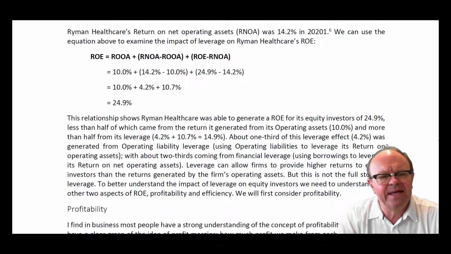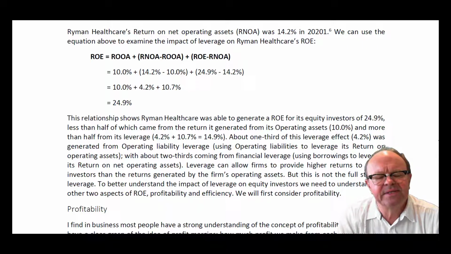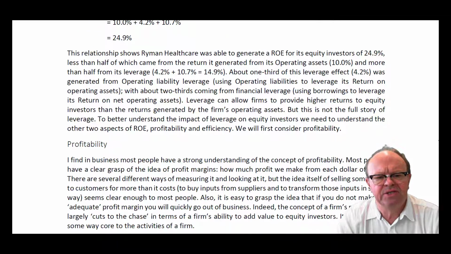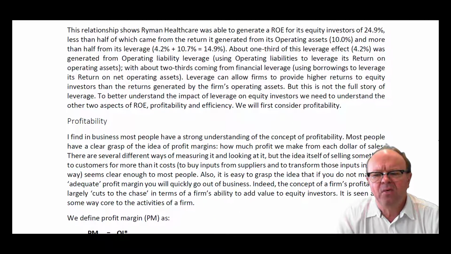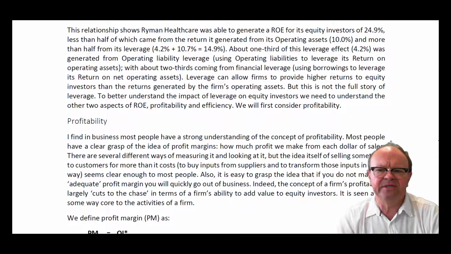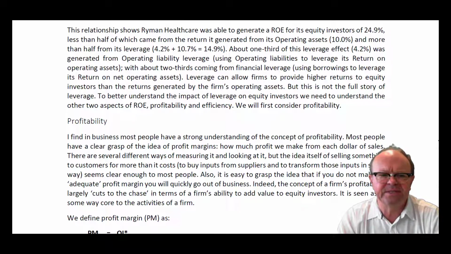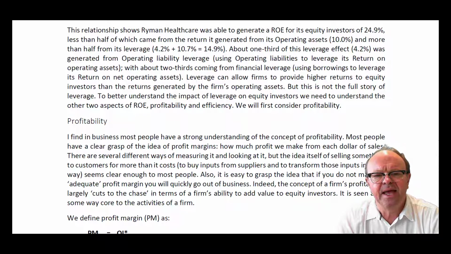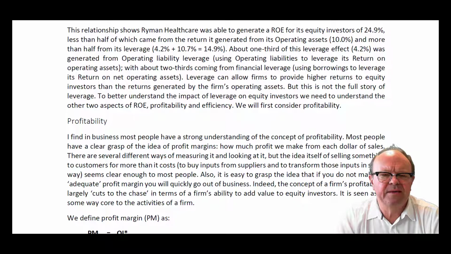And working that through, you can see that equals 10.0% plus 4.2% plus 10.7%, which equals 24.9%. This relationship shows Ryman Healthcare was able to generate a return on equity for its equity investors of 24.9%, less than half of which came from the return it generated from its operating assets, 10.0%, and more than half from its leverage. 4.2% plus 10.7% equals 14.9%.